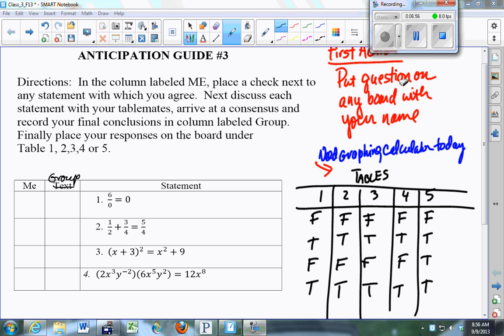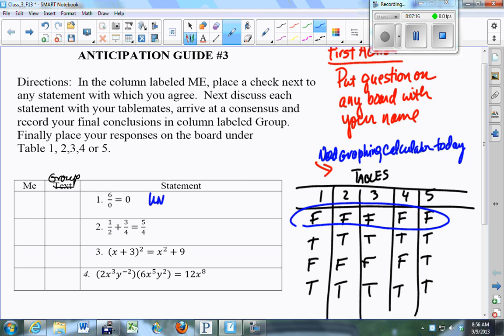So let's see, do we have agreement on any question? Oh my gosh, 3 out of 4. We're on a roll today. So we all agree that number 1 is false. What's the answer? It's not possible. We cannot divide by 0. It's undefined.